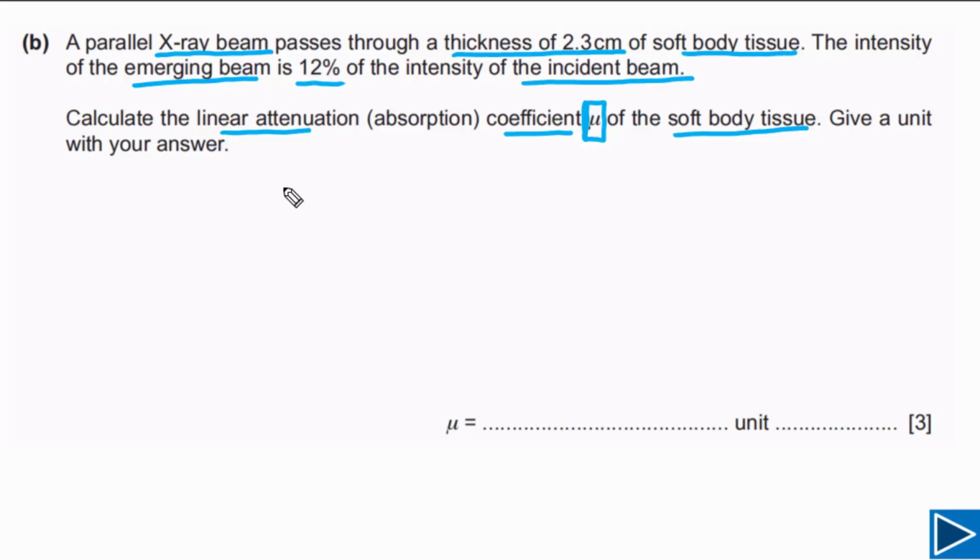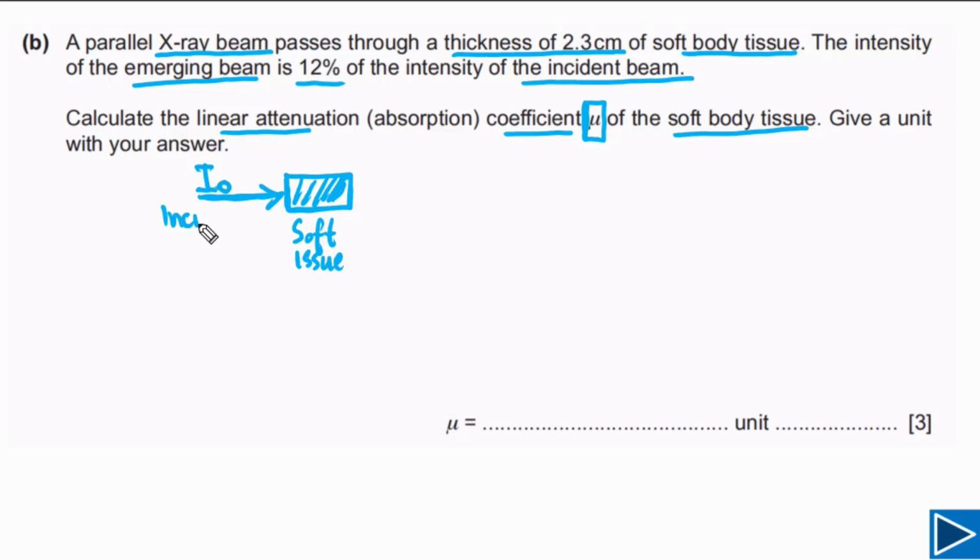Now let's try to understand this one with a very simple diagram. What is given to us? You can imagine that this is soft body tissue, so I will simply say soft tissue. These are incident X-rays, and the intensity of the incident X-rays we can say is I naught.